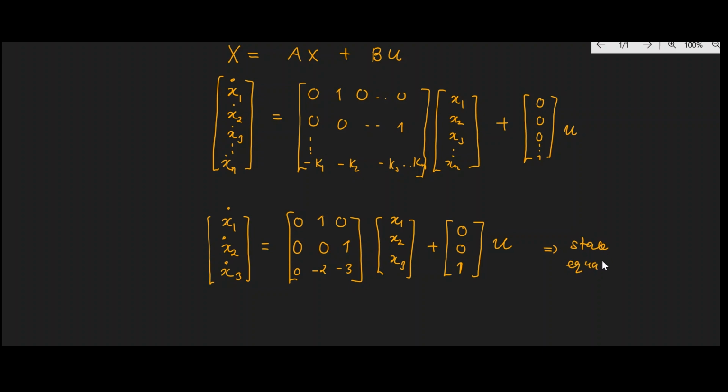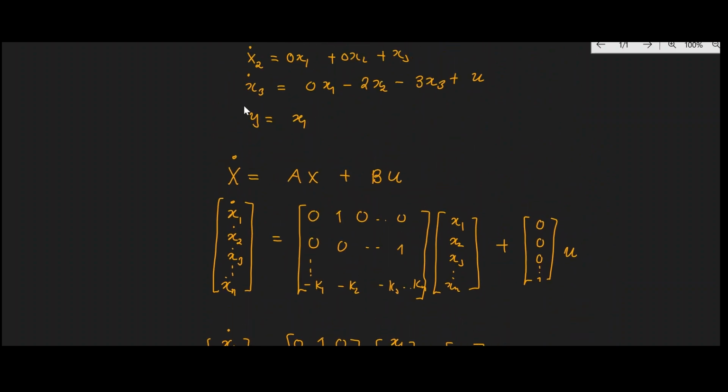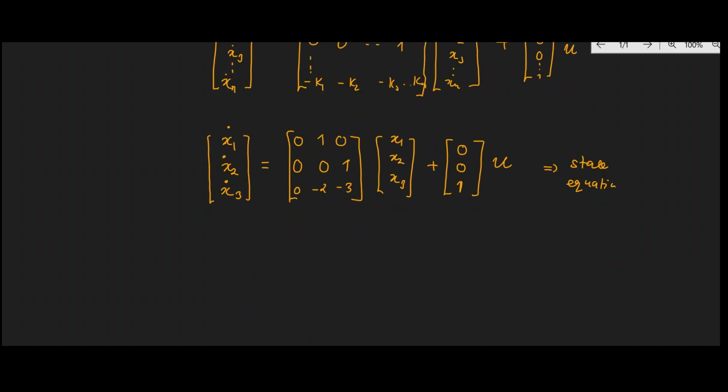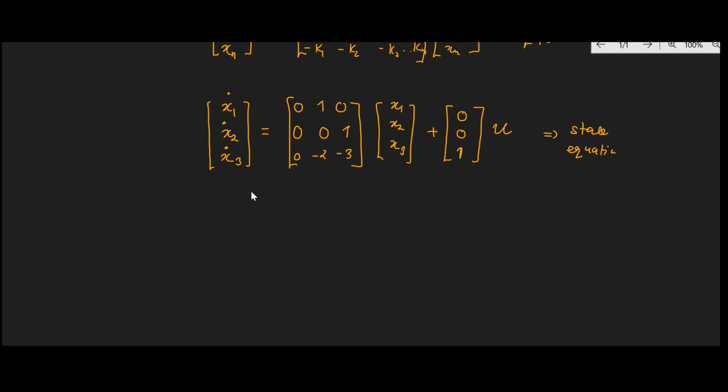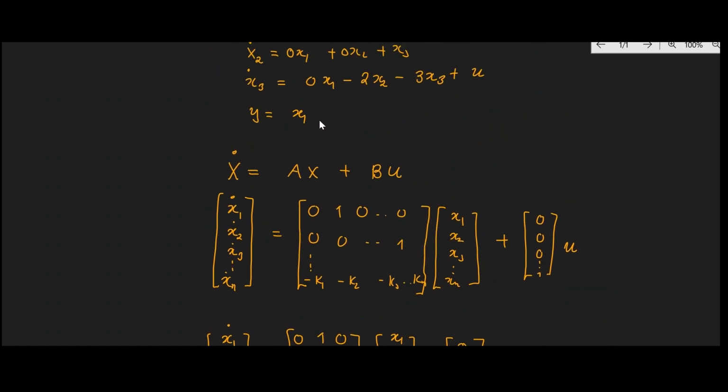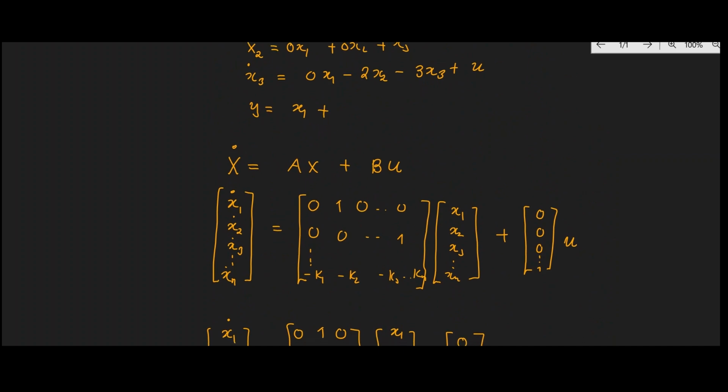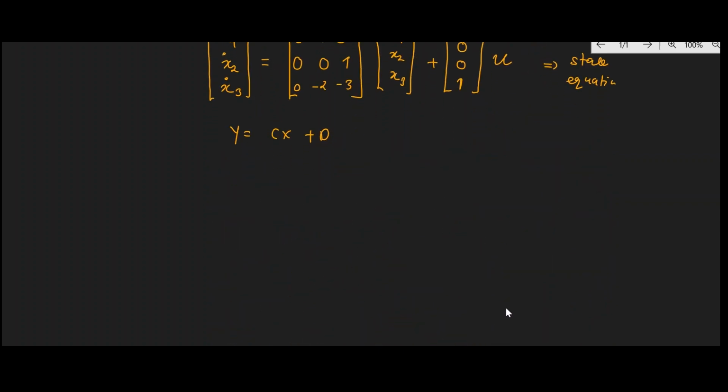Now let's write the output equation. The output equation will come from this output, because we're trying to find y. The output equation is generally written as y equals Cx plus D. But if you notice here, you don't have a D, you don't have a constant part, meaning the output here would just end up as Cx, right?